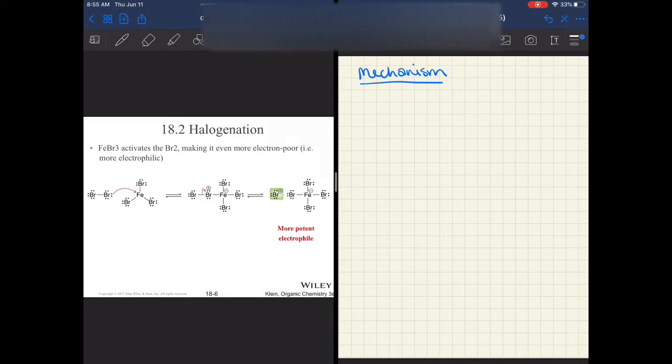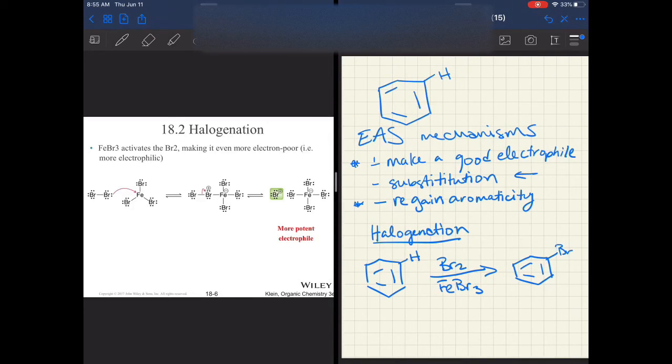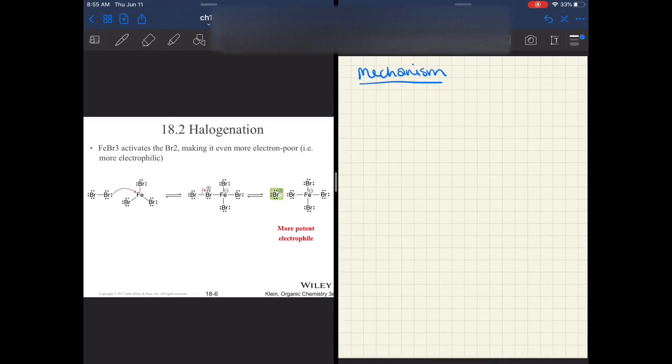So the first step we're going to be doing, if we numbered this, let's say 1, 2, and 3, the first little step here is you're not even going to see the benzene yet. The bromine, with lots of electron density, is going to interact with iron tribromide.